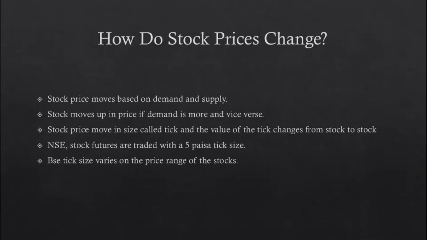I mean the supply is more when compared to the demand. So it is not related to the price of the stock. I mean the demand and supply price, the higher the price of the stock doesn't mean it has more demand.